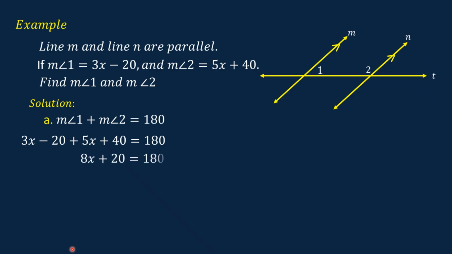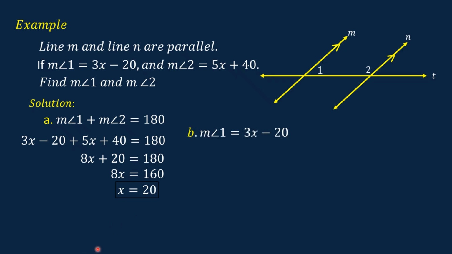So we have now 8x plus 20 is equal to 180. If we subtract 20 from both sides of the equation, we are going to get 8x is equal to 160. If we divide both sides of the equation by 8, we get x is equal to 20. So the value of x is equal to 20.